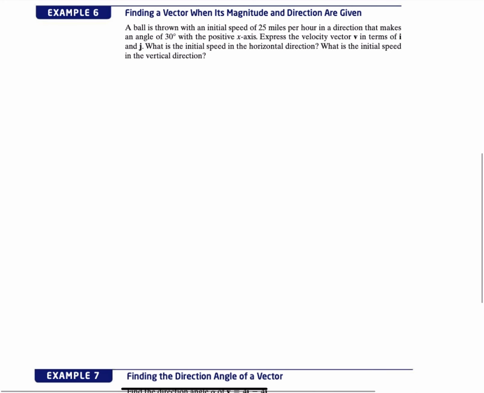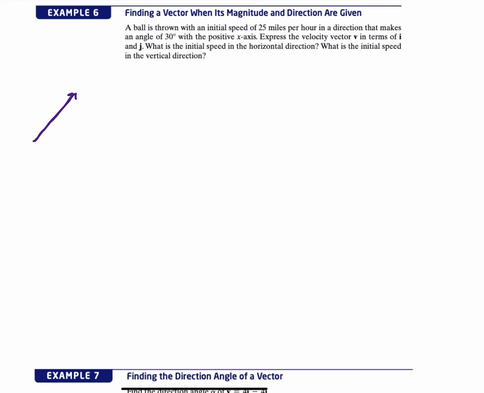So our last example, we got two more. This one is a word problem, so let's see how we can describe this using vectors. It says a ball is thrown with an initial speed of 25 miles per hour in a direction that makes an angle of 30 degrees with the positive x-axis. So here our vector is representing initial speed, like initial velocity.